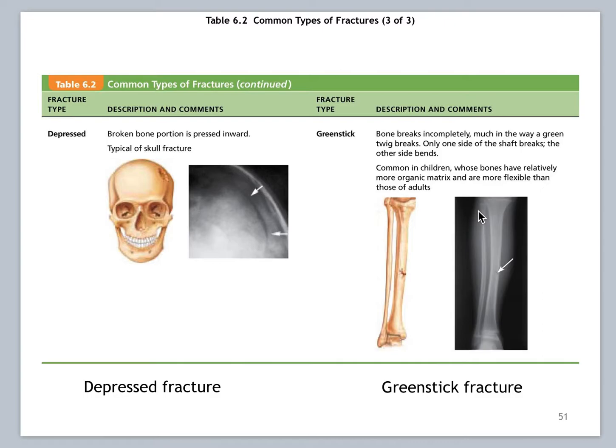It's called greenstick because it's like how if you bend a green twig, it typically doesn't break in two like a dry stick would, but since it's green, it's more flexible. It may break only halfway, and that's kind of what you have here. The bone was bent and it breaks the outside edge but not the inner edge. See, it only breaks halfway through. This is common in children.